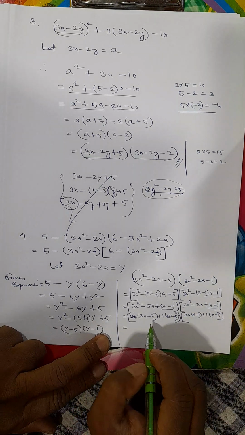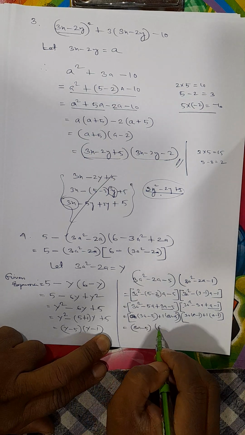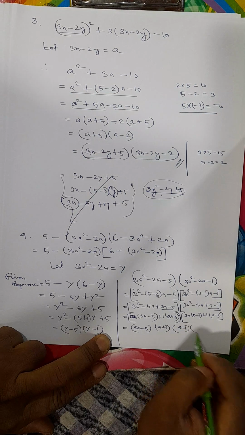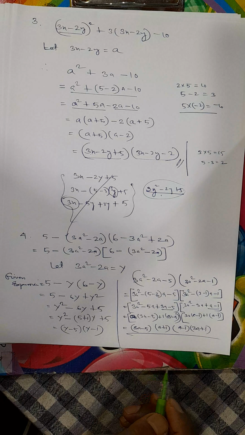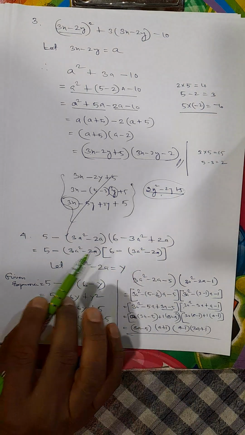So finally you can write it as 3a minus 5 multiplied by a plus 1, and this becomes a minus 1 multiplied by 3a plus 1. So this is the final factorization of the given algebraic expression.